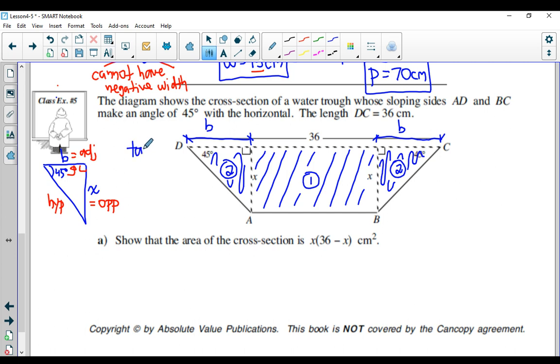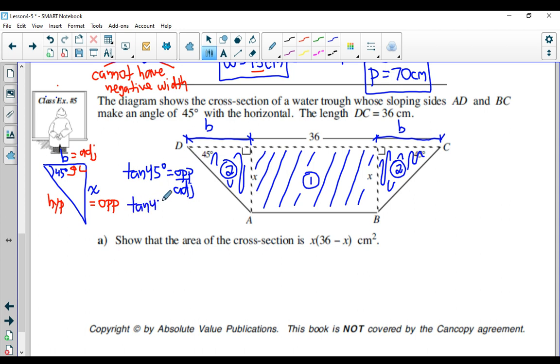So I'd have tan of 45 degrees equal to side opposite over side adjacent. Let's replace opposite and adjacent with the variables we have here.